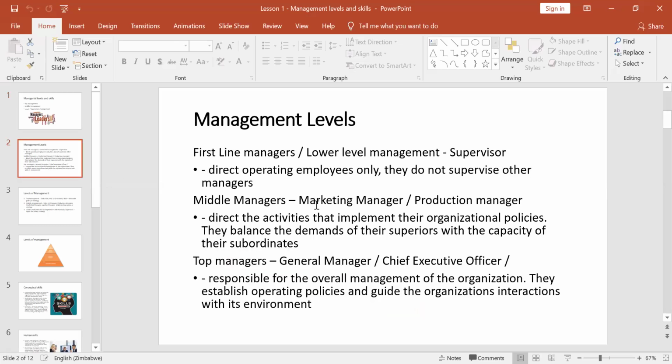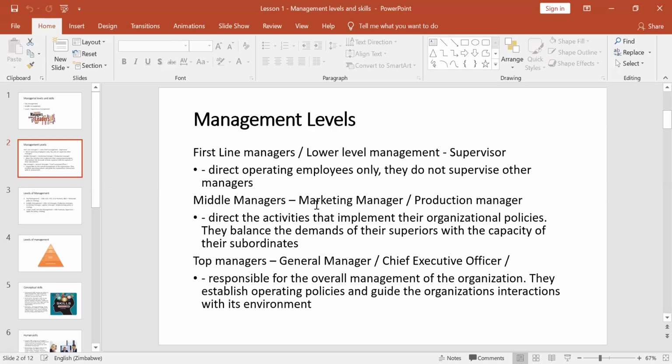So who are the lower level managers? These can be supervisors, and the lower level management, they direct the operating employees. They do not supervise other managers. So the lower level managers are in charge of workers.